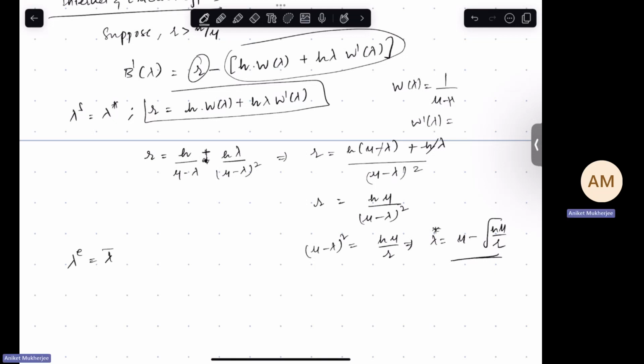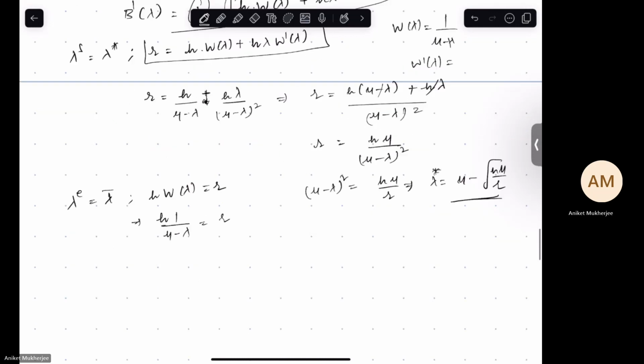We found it by equating H W lambda to R, right? So this is your lambda e.